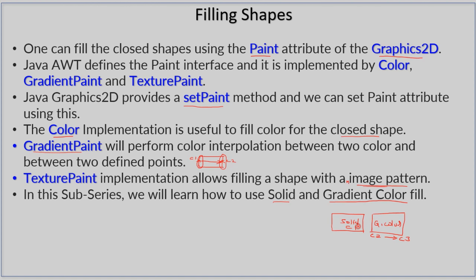Solid color means only one color. In gradient color we will use interpolation between color 2 and color 3. So that's all you need to learn here.